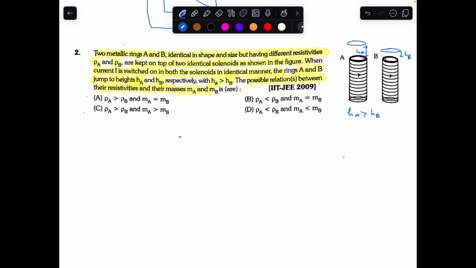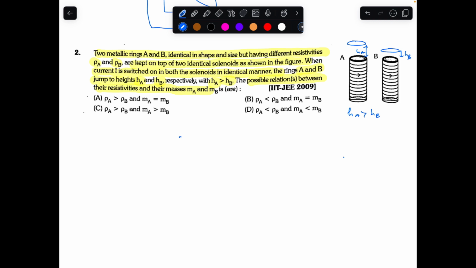So as soon as I am switching on the current in the solenoid, the flux through the ring is changing. So to decrease the flux, it will go up basically. Or you can also say the induced current and current in the solenoid will be in the opposite direction, so they'll repel. That also you can use to find the direction of induced current.